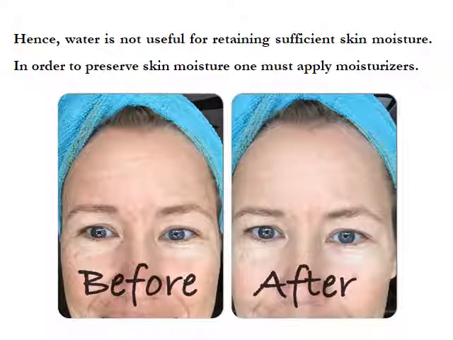So using moisturizer keeps our skin soft and moist. Applying excessive water on the skin, on the other hand, makes our skin dry and doesn't moisten it. As we can see in the picture in front of us, before and after using moisturizers, the skin looks different in the picture on the right.